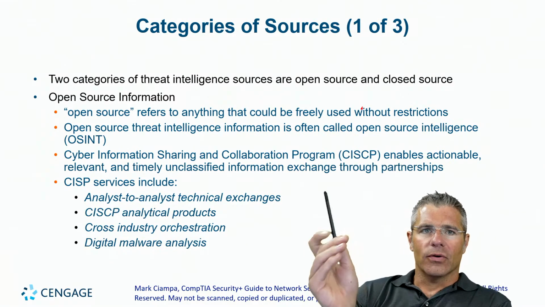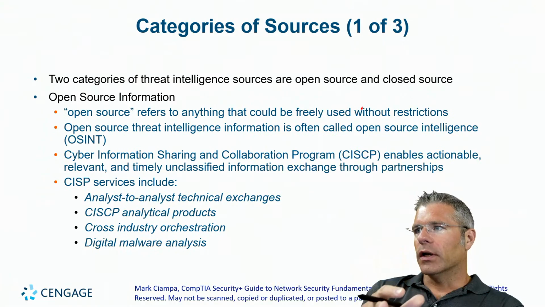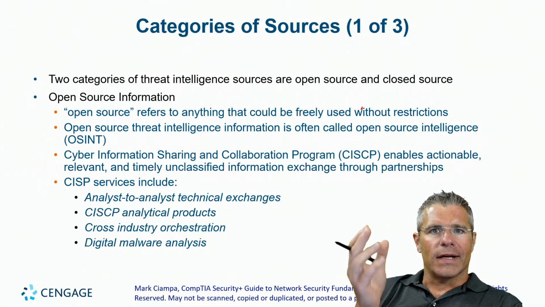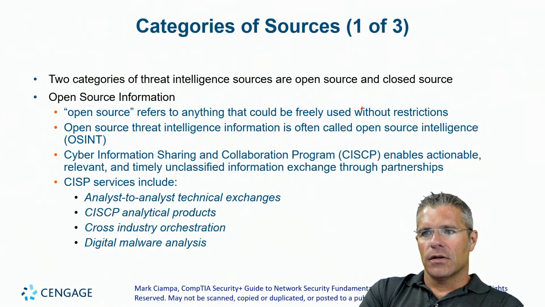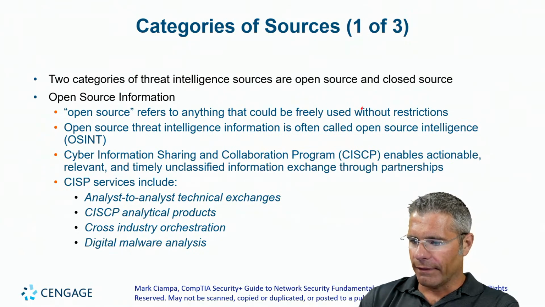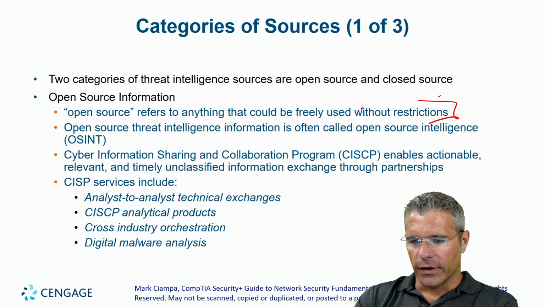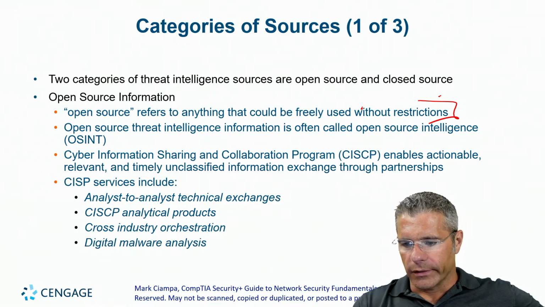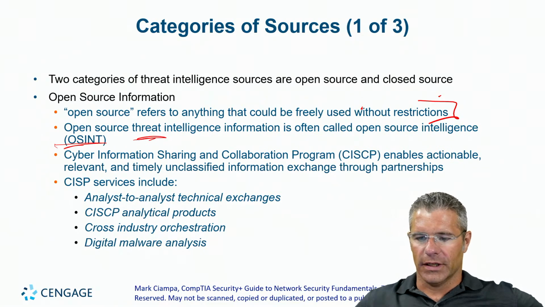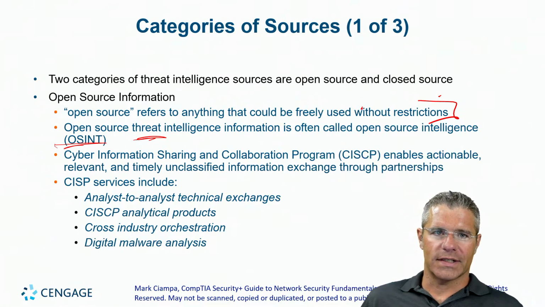So OSINT, or open source intelligence, is one type of threat intel that you can get your hands on. So anything that you can find out there on the internet comprises OSINT. Sometimes open source threat intelligence is a separate category in itself.